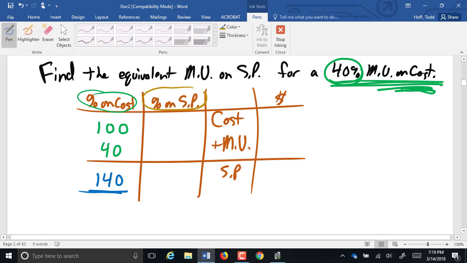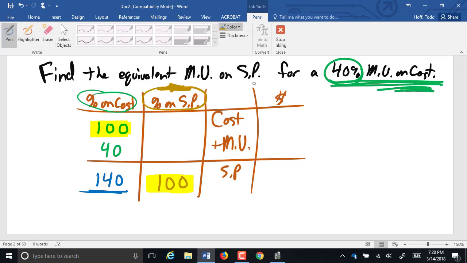Now, as we go to convert it to a percent markup on selling price, what do we know in the selling price column? 100 has to go in the selling price. So in the column for the percent on cost, 100 has to go on the cost. In the column for the percent on selling price, 100 has to go on the selling price. Those two 100s will always be there.